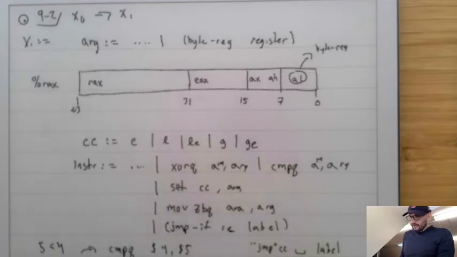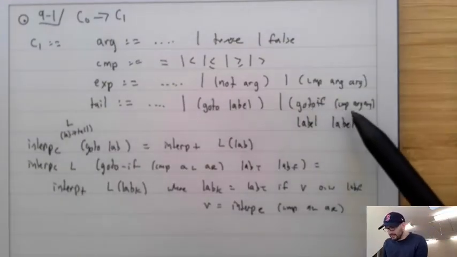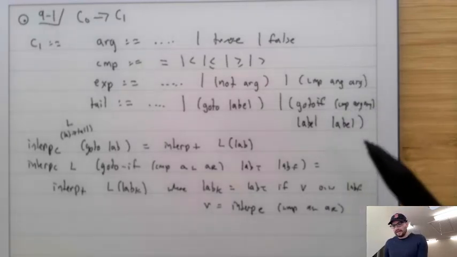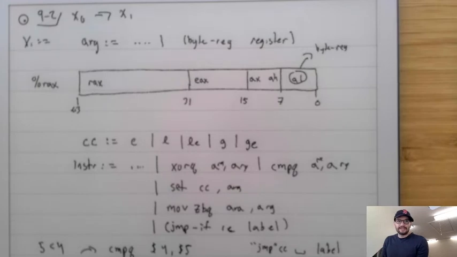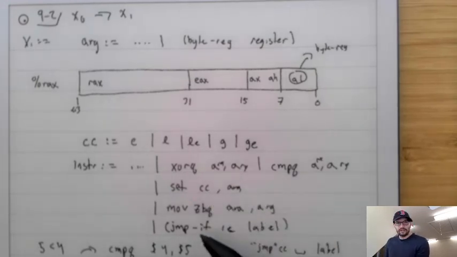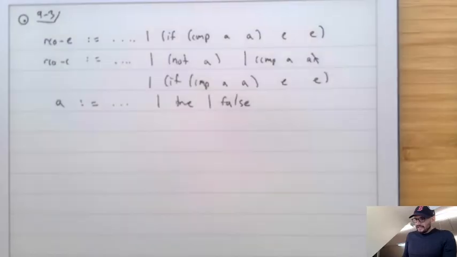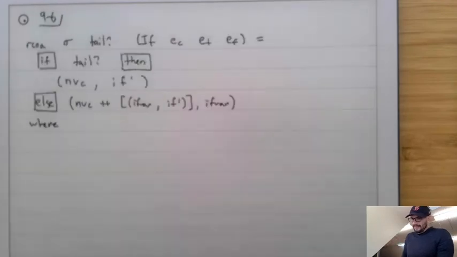If it's not a comparison operation, we won't be able to turn it into a goToIf because we won't know what the compare is, what kind of comparison we want to do. And if we don't have that as a compare, then we won't know what setC to do and what jumpIf to do. So we need to make sure that the actual conditional gets analyzed in a special way. And that's why this is complicated.